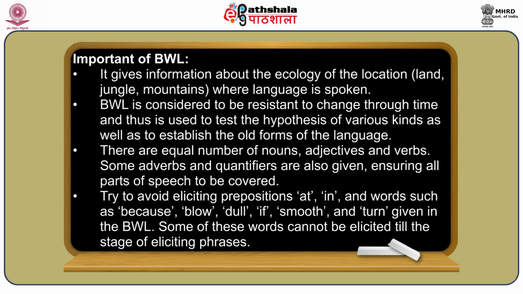And the most important aspect is that the words given in the basic word list are those which have been identified as resisting change over time. In other words, it has been considered that these words will remain the same even when you are collecting words for historical or synchronic purposes.